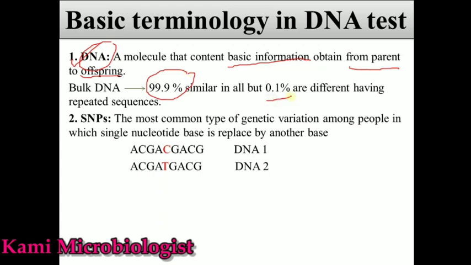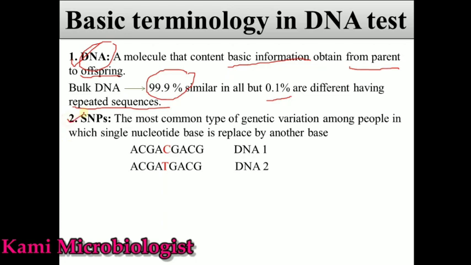It means that this 0.1% area of the DNA is different for every person, and it contains repeated sequences. These repeated sequences are different from person to person. So this is another most important piece of information for you guys.